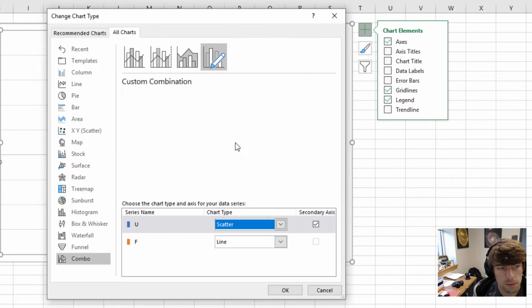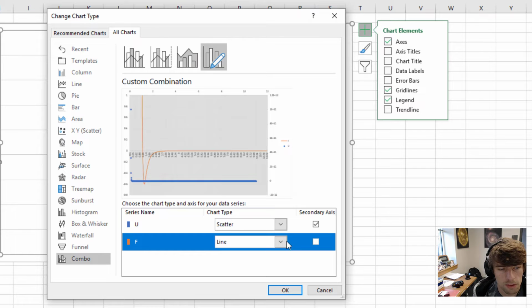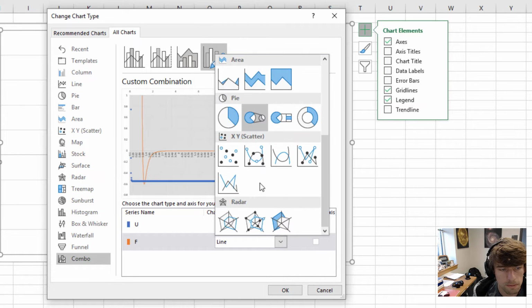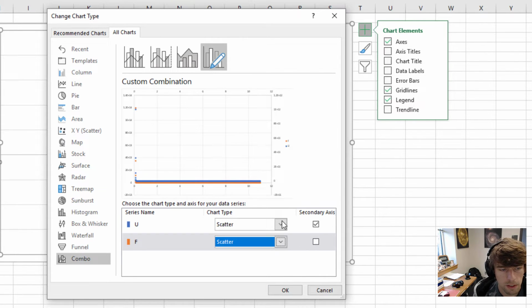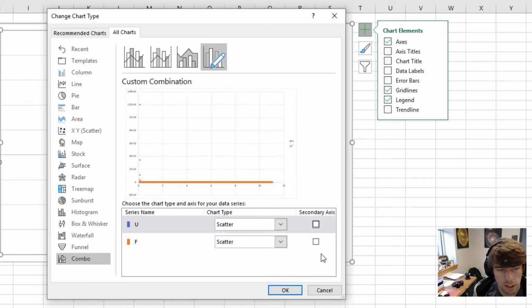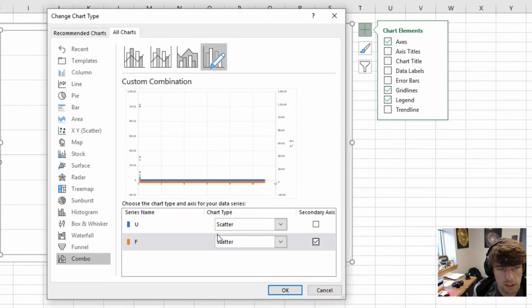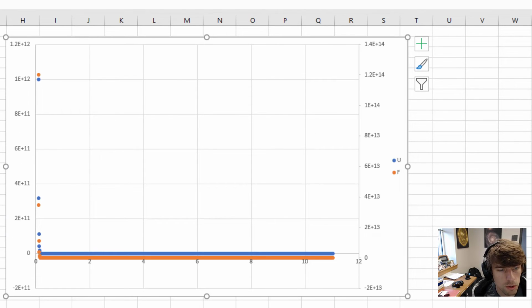I'm still going to tell it to do a scatter plot for both, but do you notice that you have the secondary axis option? I'll set the secondary axis. In other words, the left-hand side is going to be the axis for the potential energy function, and the right-hand side is going to be the axis for the force. Okay, so we'll go ahead and do that.